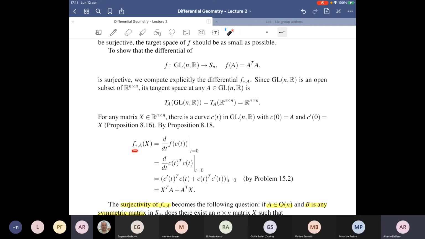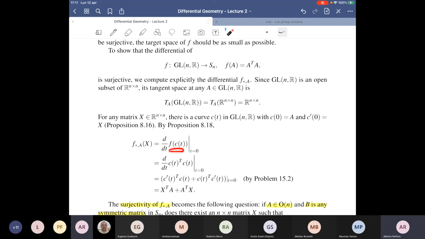So to compute the differential of this map f at A evaluated at any tangent vector, any matrix in R n cross n, you just have to compute the time derivative of this function evaluated at the curve, and then evaluate the derivative at time equal to 0.